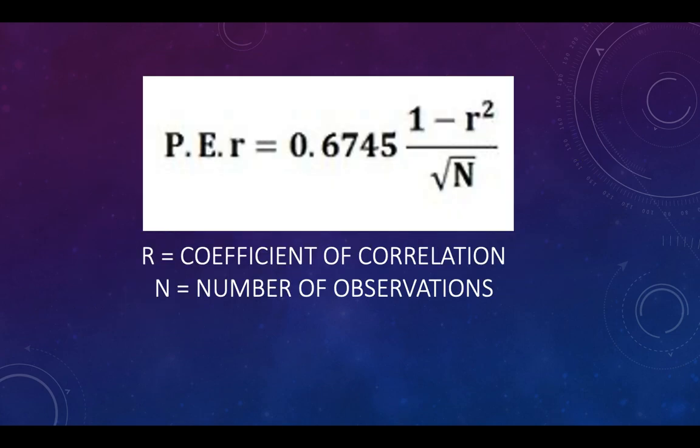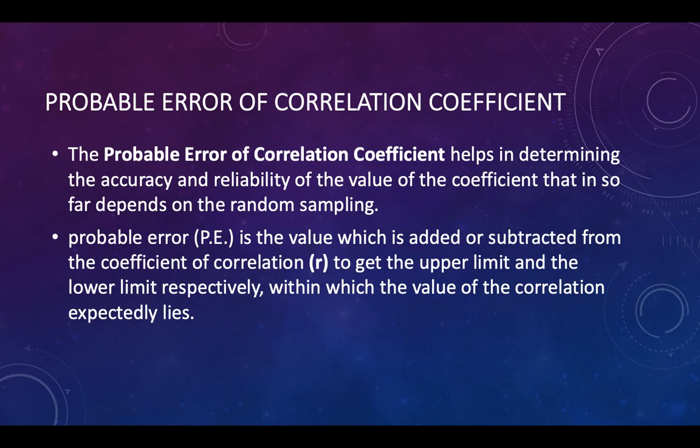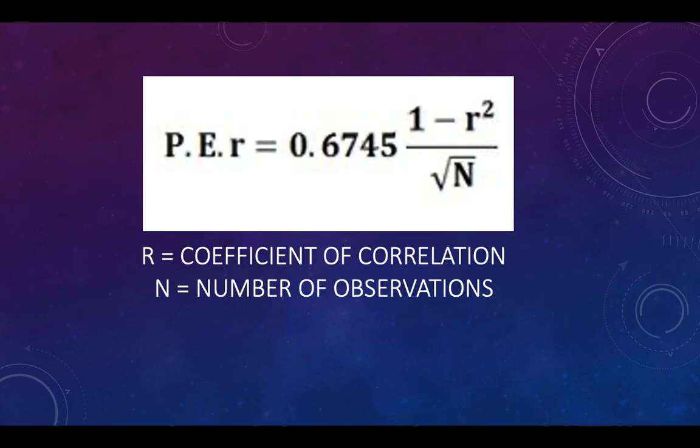So let's find that formula. As I told, the probable error of the correlation coefficient is 0.6745 into 1 minus r square by root of n. N is the number of observations and r is the correlation coefficient.